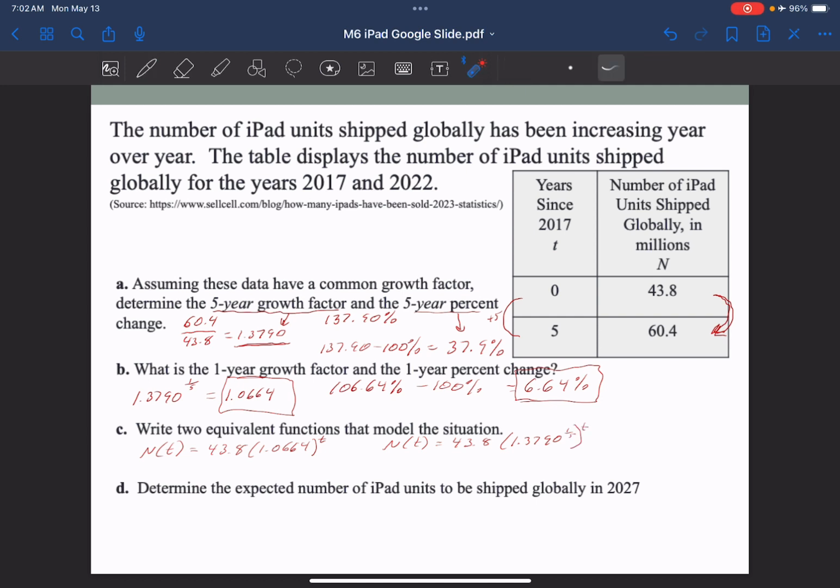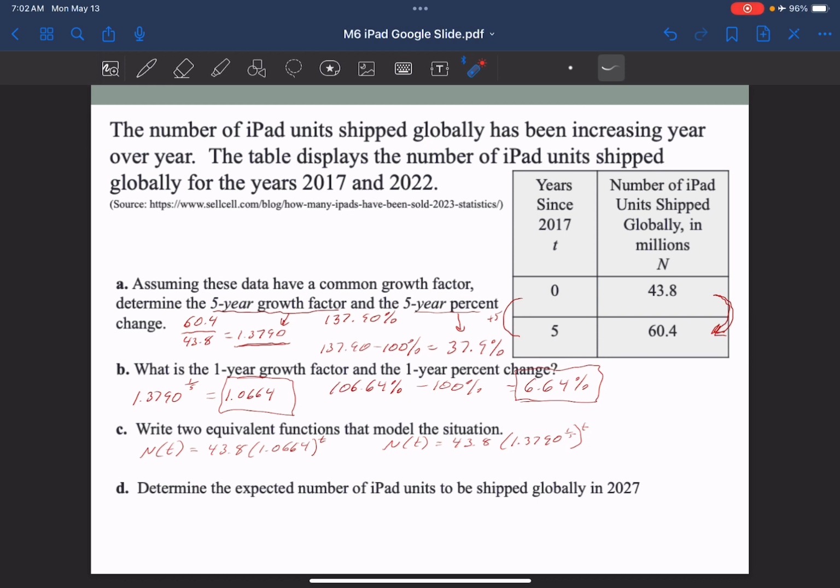And that's because 1.3790 raised to the 1/5 is equivalent to 1.0664. So we're using that 5-year number, but we have to remember that we want to be able to find it for each year.